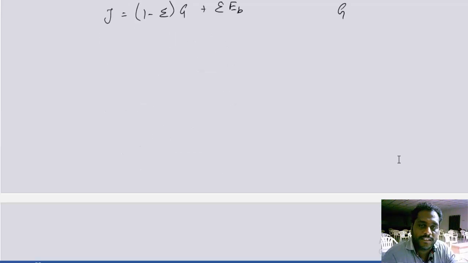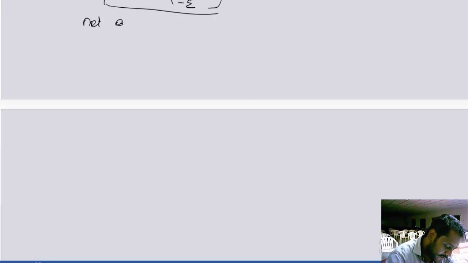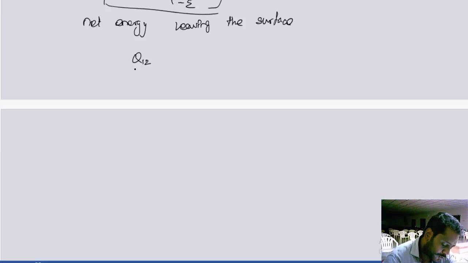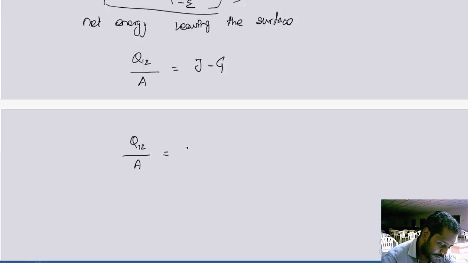Now you know that the net energy leaving the surface, Q12, the heat transfer from surface 1 to surface 2, divided by per unit area, is equal to J minus G. Substituting the G value, Q12 divided by A equals J minus (J minus epsilon EB) divided by (1 minus epsilon).